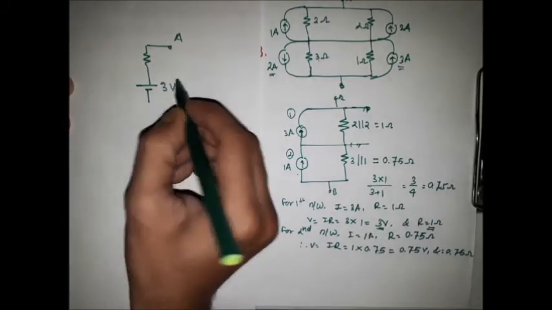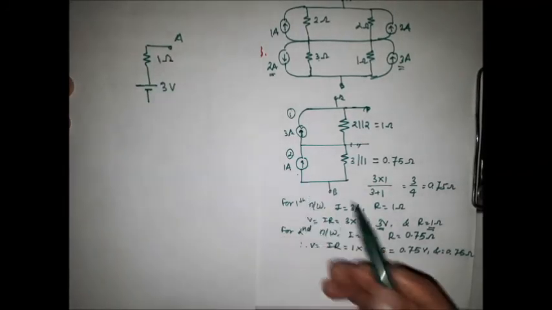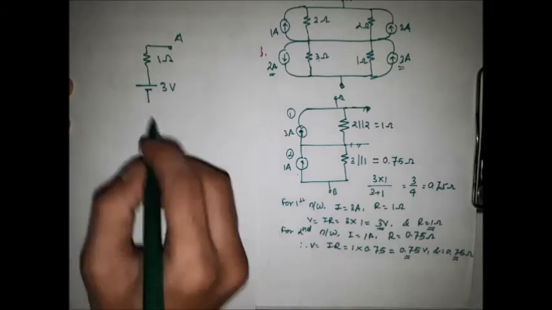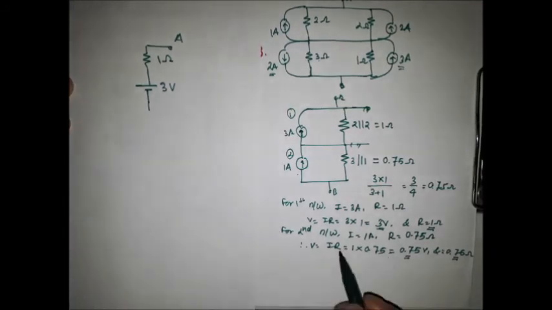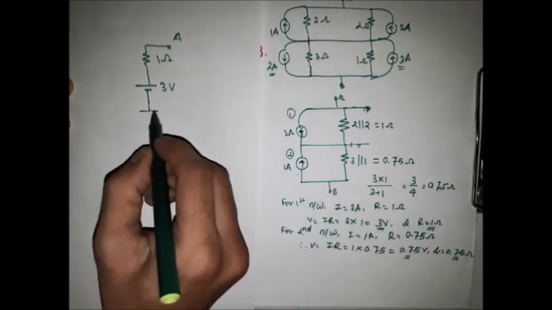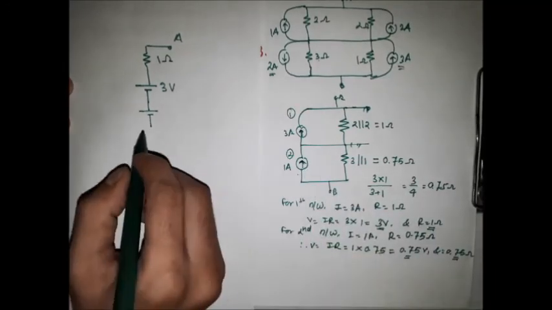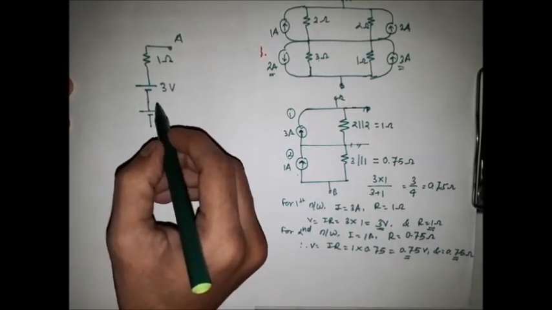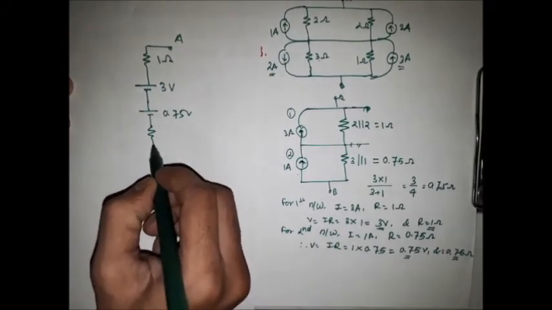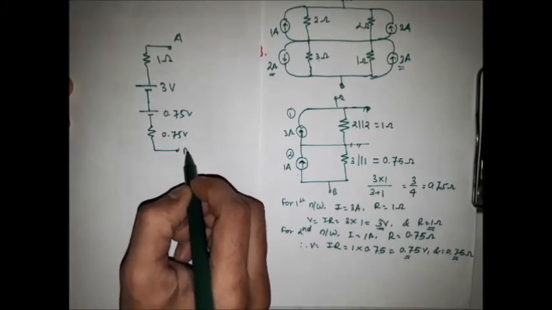Then for the second network, voltage is 0.75 volt and the resistance again is 0.75 ohm. The polarities for the voltage will be like this: higher is positive and the other is negative because the direction is upward. This is the B terminal.